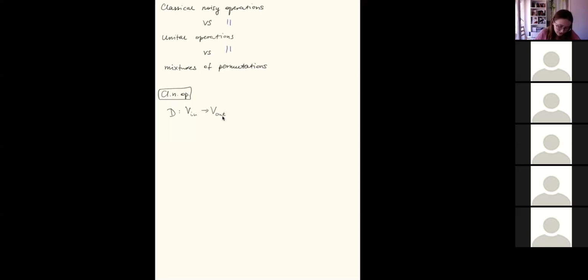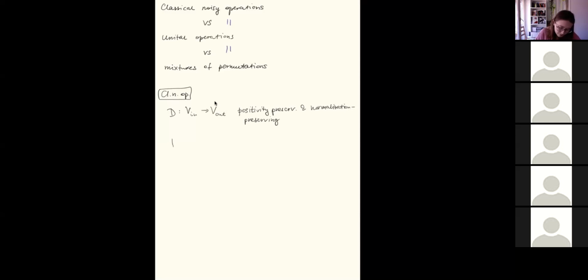And this is a map which is positivity preserving and also normalization preserving. So this is just to ensure that it indeed maps the probability distribution to a probability distribution.